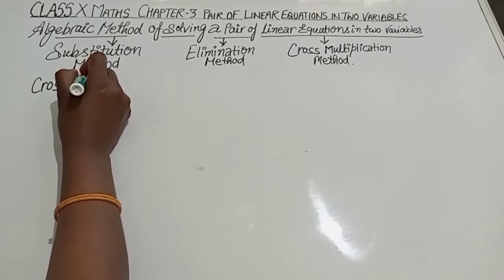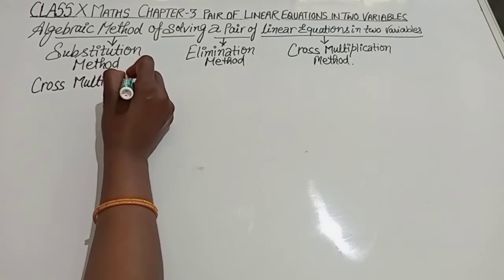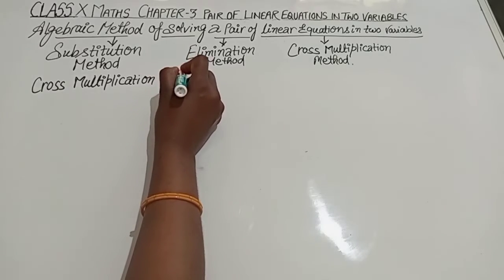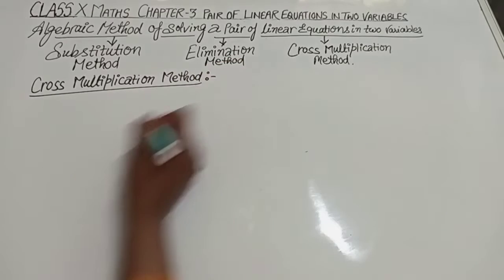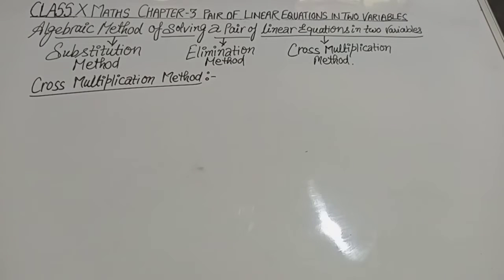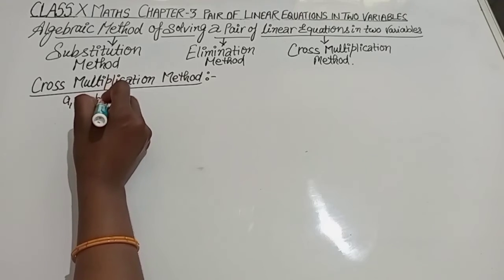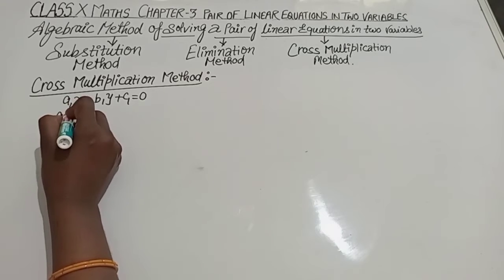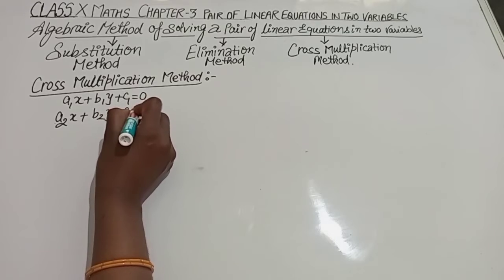So this is the cross multiplication method. In standard form we take a1x plus b1y plus c1 is equal to 0, and a2x plus b2y plus c2 is equal to 0.